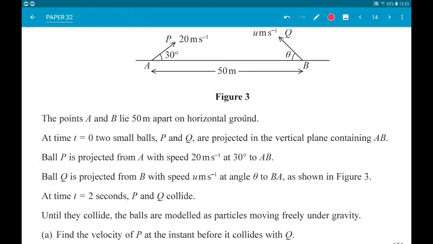Number 5. 2 points A and B lie 50 meters apart on horizontal ground.